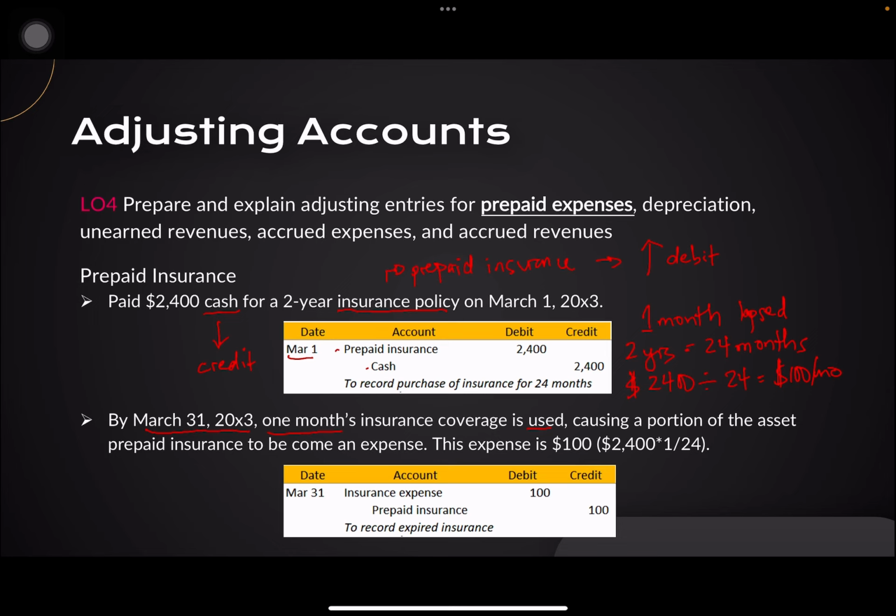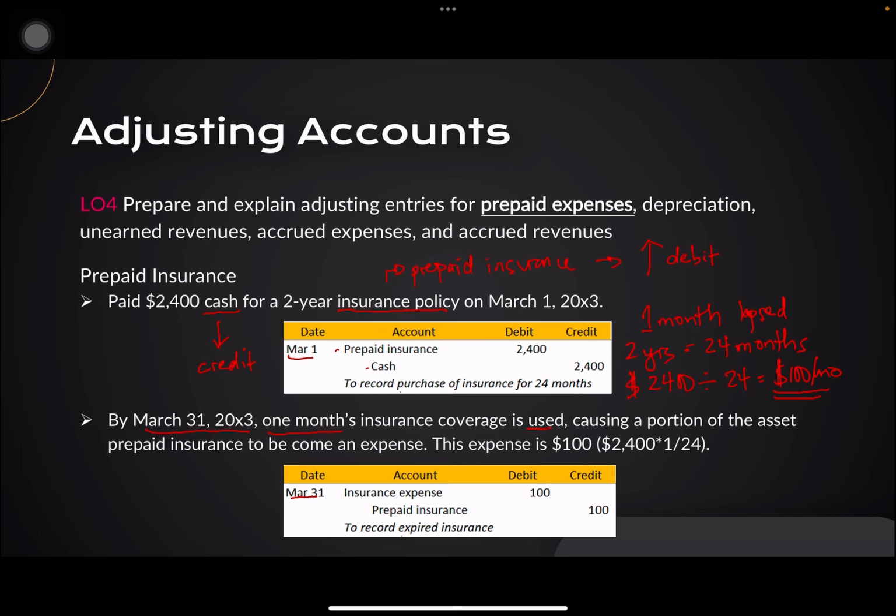To formally write the adjusting entry, you would need to write the 5 components. First, put the date of our adjusting entry, in this case March 31. Then, if you focus here, the $100 per month represents the expense amount for the month of March.